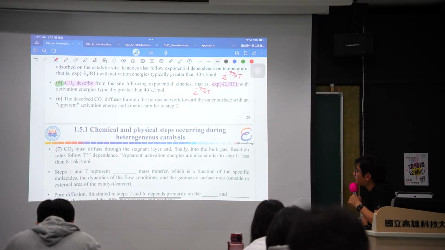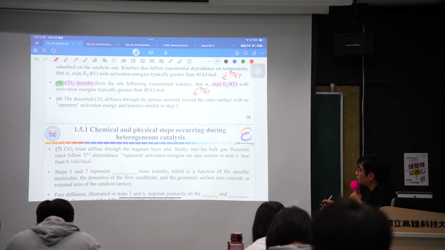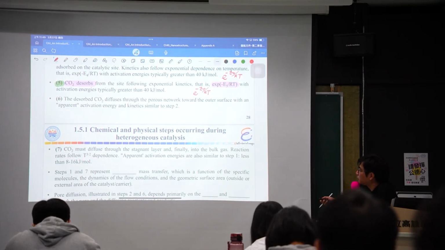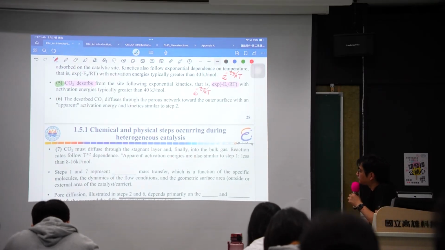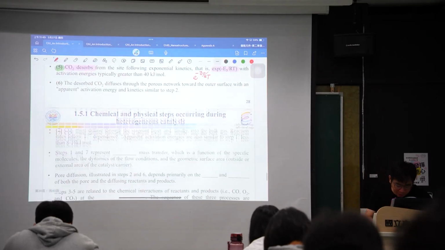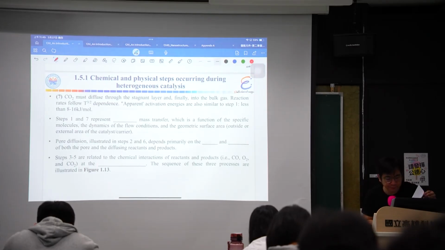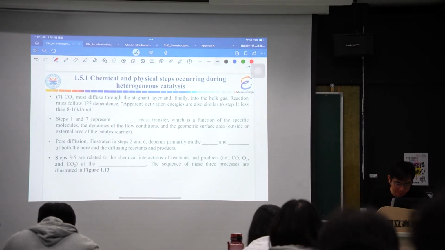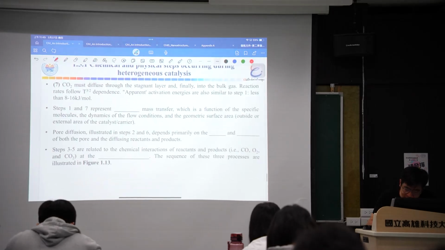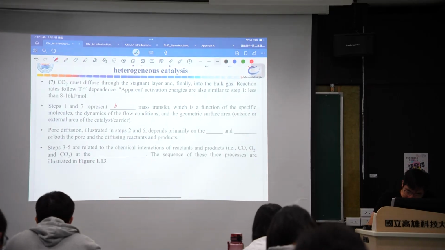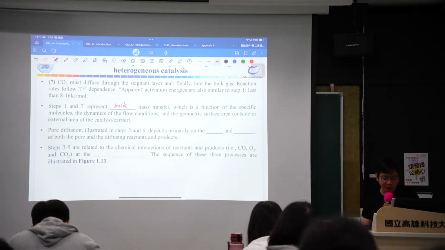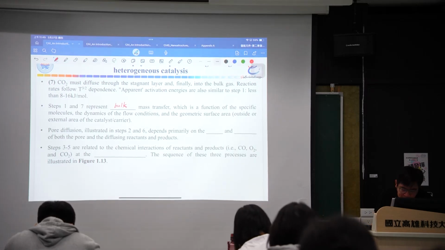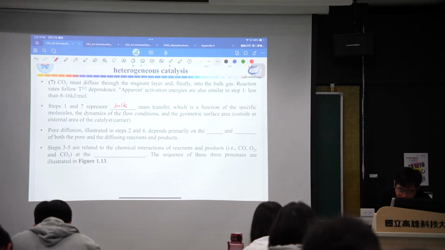Okay. So the reaction rate follows T. Activation energy also similar to step 1. Okay. So step 1 and step 7 represent the bulk motion, which is a function of the dynamics of the flow conditions and the geometry surface area.